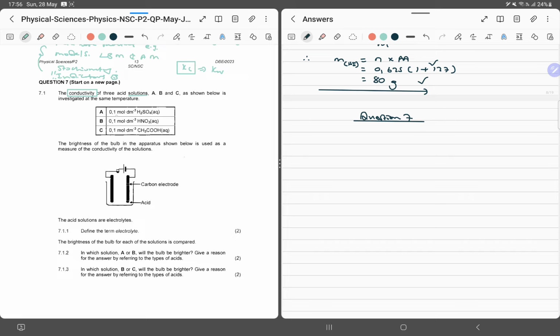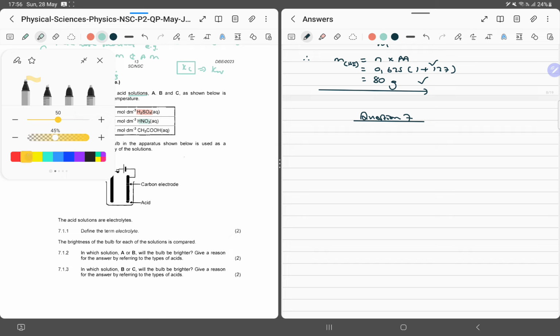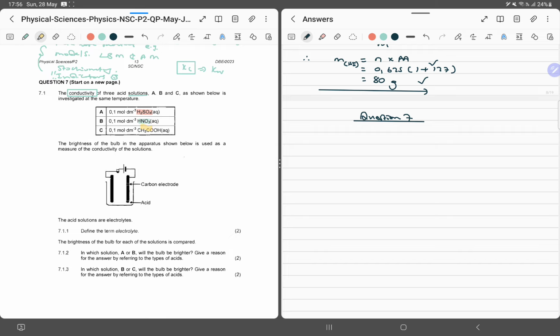Anyway, we can see here we've got 1 mole per decimeter cubed of sulfuric acid, which is a diprotic acid. And then we've got 0.1 mole per decimeter cubed of nitric acid, which is a monoprotic acid. And then we've got the weak one, ethanoic acid or acetic acid. Same concentrations, same temperature.